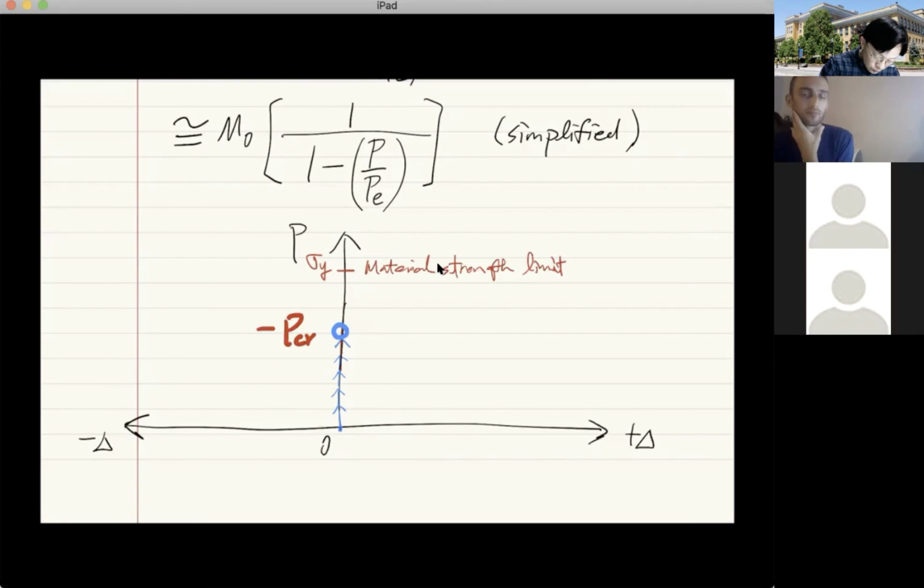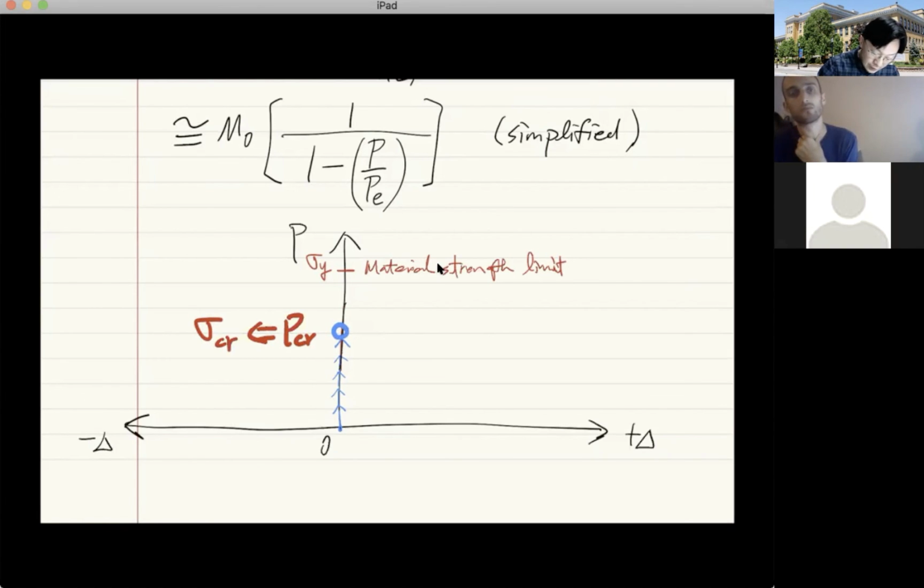For PCR, of course, you can calculate and find the sigma CR. And here, of course, we use stress. So to be accurate, I should not call this sigma y. I should call this Py. You call this Py, and then there's no stress here. Everything is force. Now, by defining this PCR, we assume that we're only interested in this region, which is here.